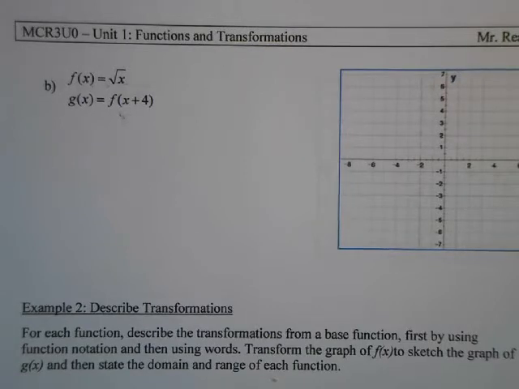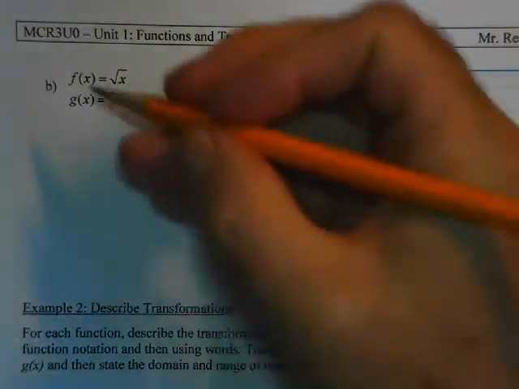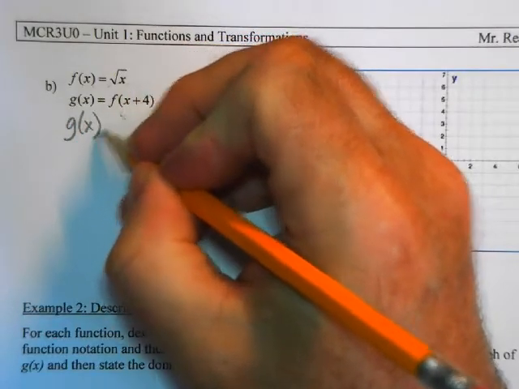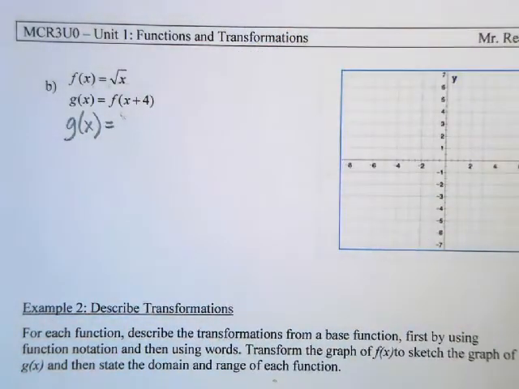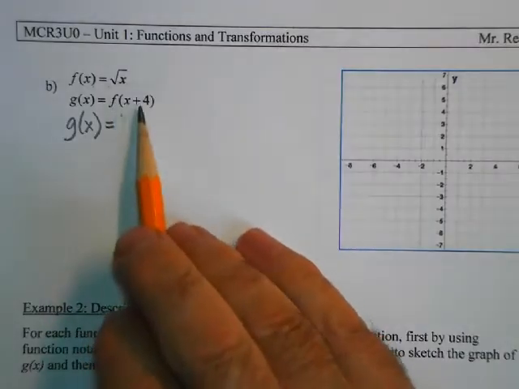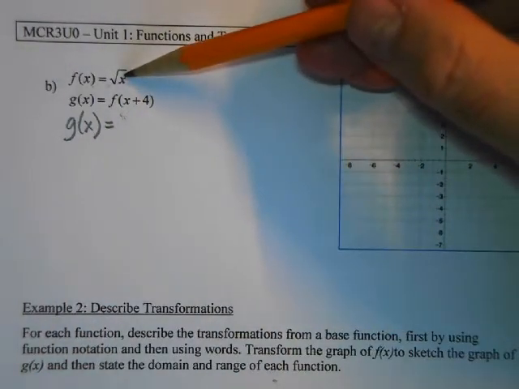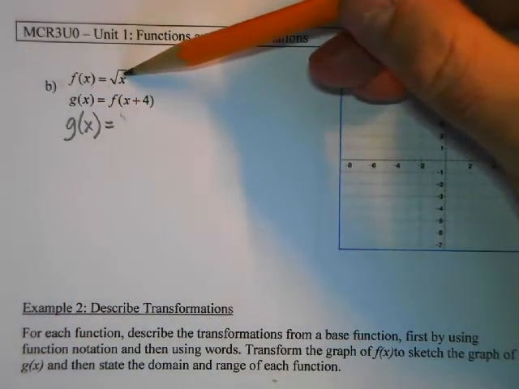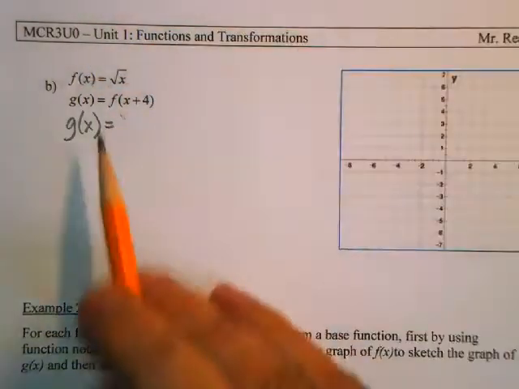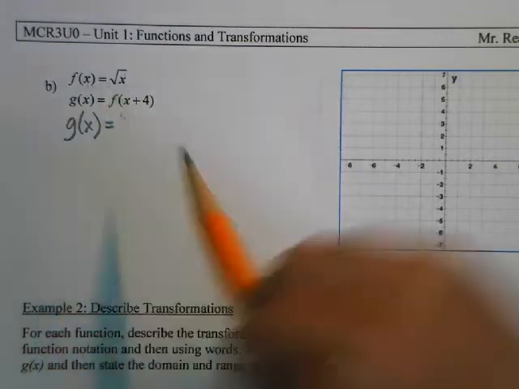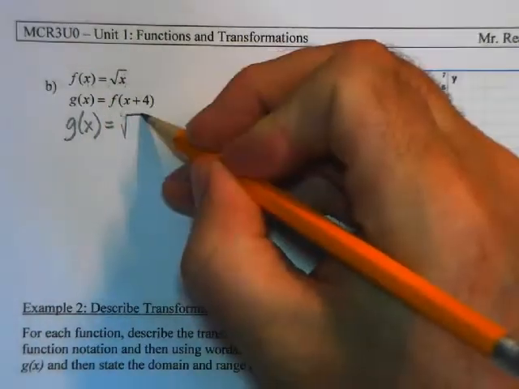Okay, so what I'm going to do here is also rewrite the expanded version of g of x, just like we did on the last one. This one's a little bit trickier because it has to do with the input. So if the original function was f of x, the square root of x, but now I'm changing the input from x to x plus 4, that means my new function is the square root.